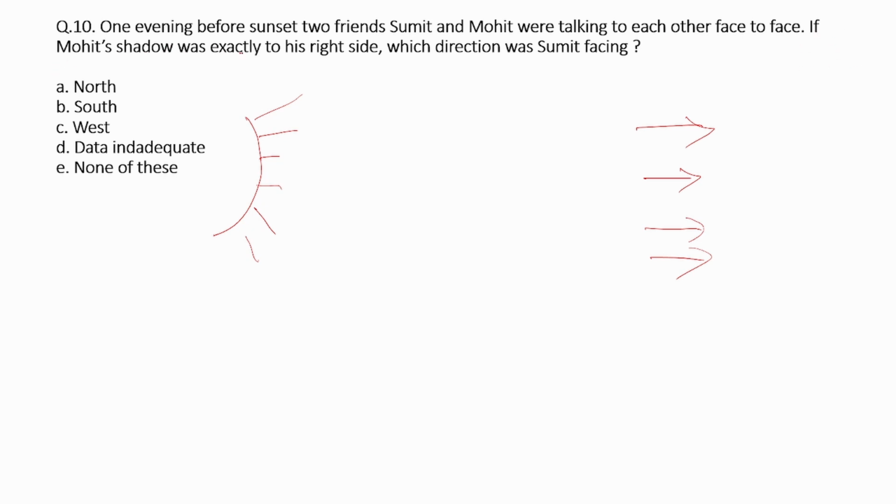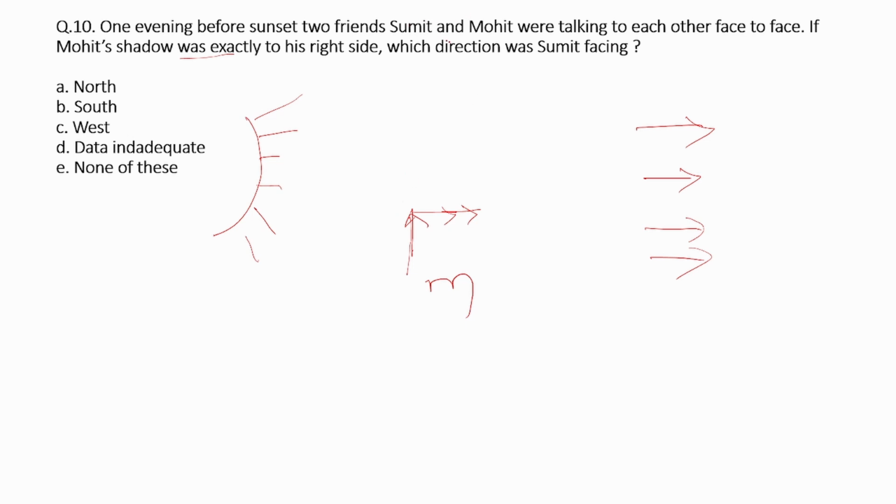If Mohit's shadow was exactly to his right side, it means this will be the right side. This means that the person is actually facing in this direction. If the person is facing this direction, then his right hand side will be this direction. So the shadow is in this direction. So the question says Mohit's shadow was exactly to his right. This means that this is Mohit. So Mohit is facing towards north.